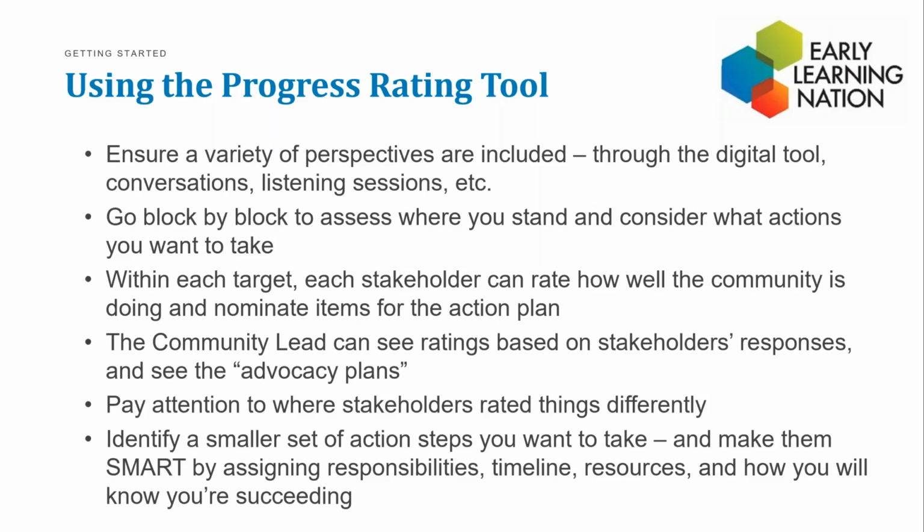One of the things you want to pay the most attention to is where stakeholders are rating things differently. I'll use the most common example: the parent or community member's perspective is very different from the policymaker or agency lead. Because the agency lead says, yes, our budget says we are carrying out something that looks a lot like this, so I'll say we're doing it well.